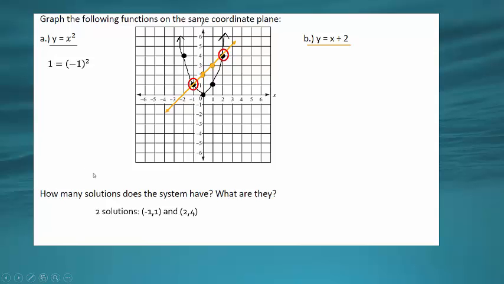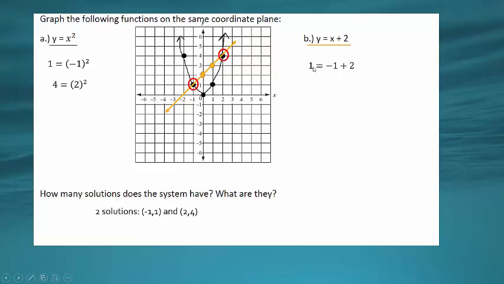From an algebraic standpoint, a solution means an ordered pair that satisfies an equation. So if we put -1 in for x and 1 in for y, you'll find that this is a true statement. It's also true if you use 2 and 4, right? 4 equals 4, that's true. So these ordered pairs algebraically satisfy this equation. Well, then they would have to over here as well if that's where they intersected.